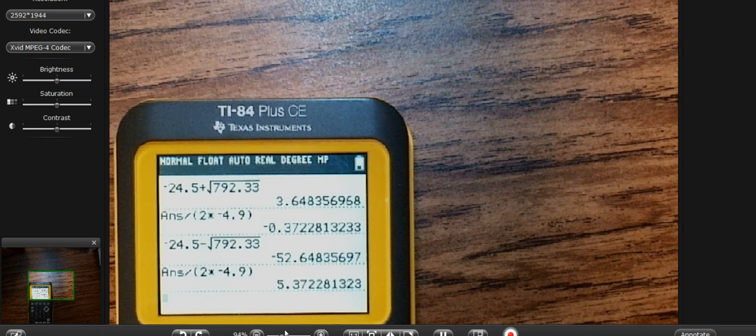So let's just think about which one is the waste of your time. When you take a negative number and you subtract the number, what kind of number do you get out of the negative? You know that's going to be negative, right? 2 times negative 4.9, is that positive or negative? So we have a negative, and we're dividing by a negative. That ends up being positive.